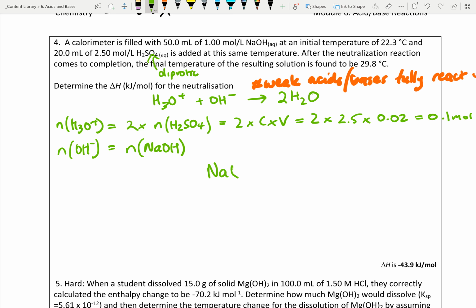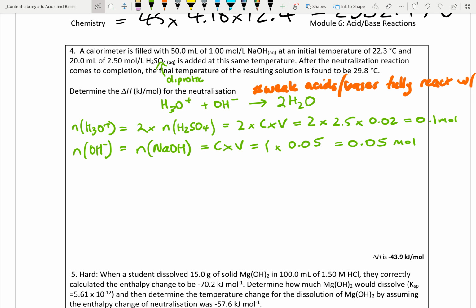It's because sodium hydroxide has already split apart into its sodium ions plus its hydroxide ions. So when you pick up a bottle, it's already in this form. 1:1 relationship. C times V: concentration equals 1 times 0.05. It's going to be 0.05 mole.